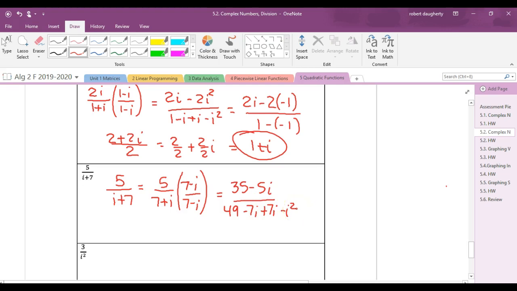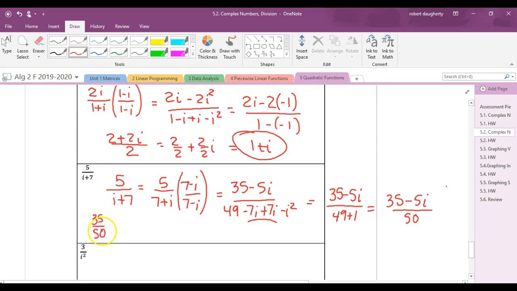So this is 35 minus 5i. These 7 i's go away. This is 49 plus 1, which is what? 50. So you get 35 minus 5i over 50.